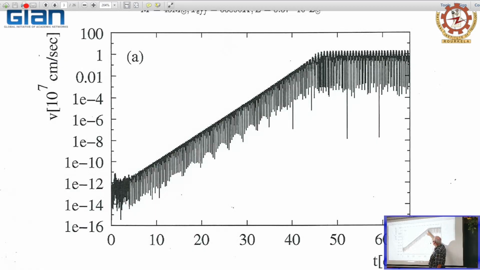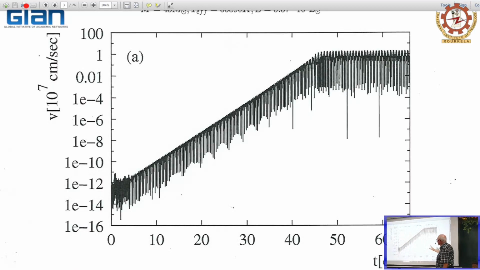What you see here then, after reaching a level of say about 100 kilometers per second, is that the amplitude seems to saturate and remains constant, and we have a finite amplitude pulsating star.